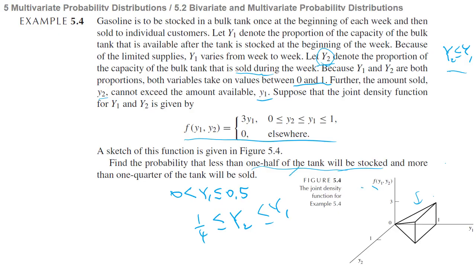So what we want to calculate is the probability that Y1 is less than or equal to 0.5 and Y2 is greater than or equal to 1 over 4.